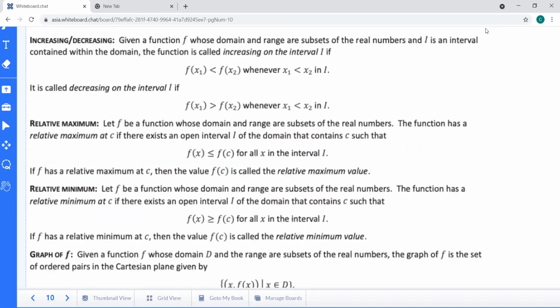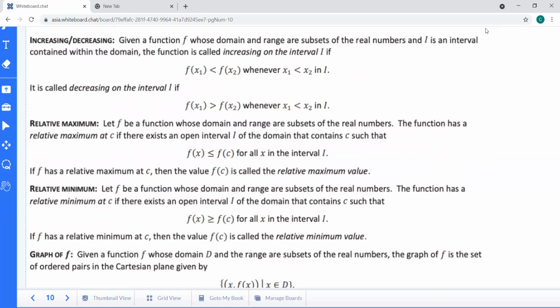Yeah, okay. A relative maximum: the function's domain and range are subsets of real numbers. The function has a relative maximum at C if there exists an open interval of the domain that contains C such that... if f has a relative maximum at C, then the value at C is called the relative maximum.